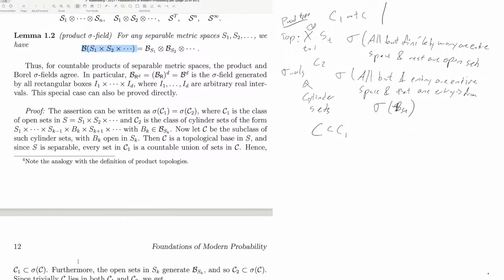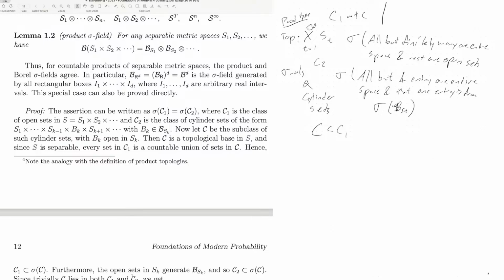So C, yes, that's true. But because we can do finite and countably many unions, every element of C1 looks like countably many unions of elements of C, and that's contained in the sigma algebra. So this is true.